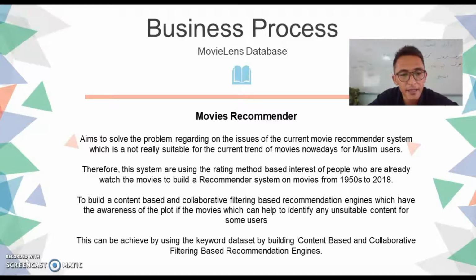Therefore, this system uses the rating method based on the interest of the people who have already watched the movies, to build a recommender system on movies from 1950s to 2018.